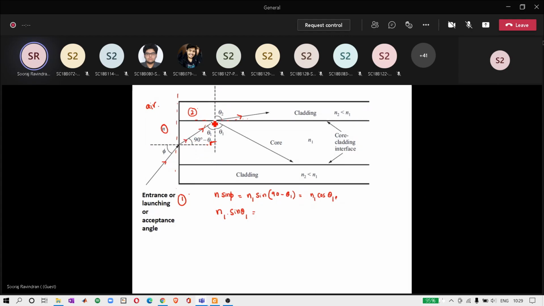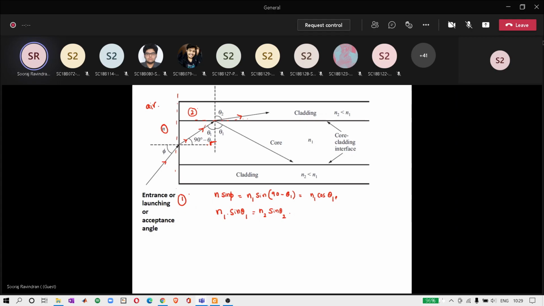So at interface 2, I can write n1 sine theta 1 equal to n2 sine theta 2. Any questions? So n1 sine theta 1 is equal to n2 sine theta 2.